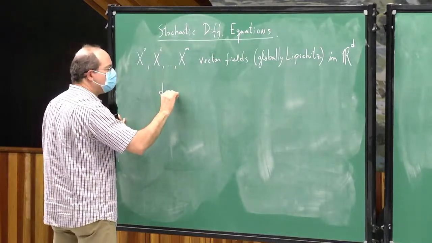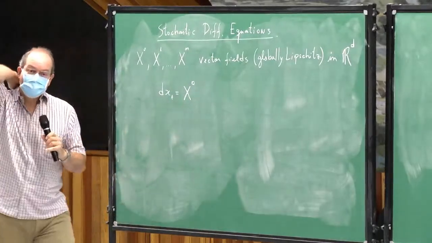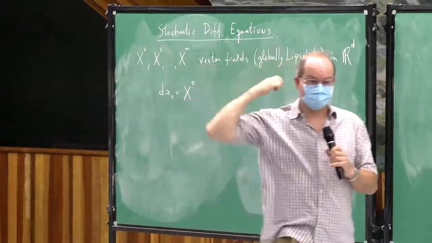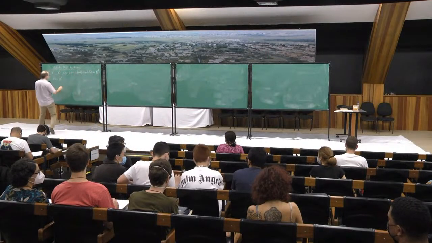dx_t equals X_0(x_t) dt. I am assuming an autonomous system, since we can easily convert a non-autonomous into an autonomous system, or rather consider it separately if you wish.